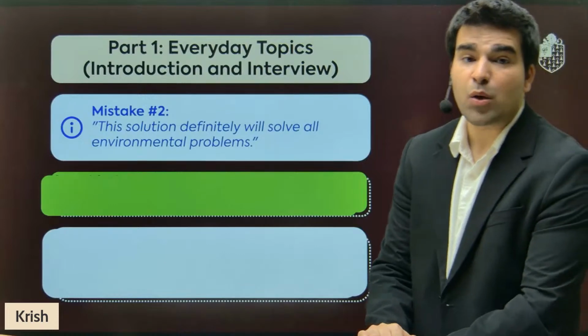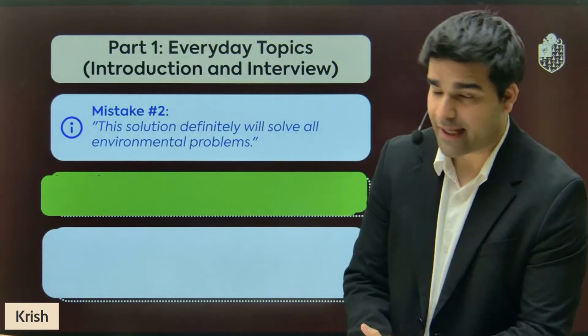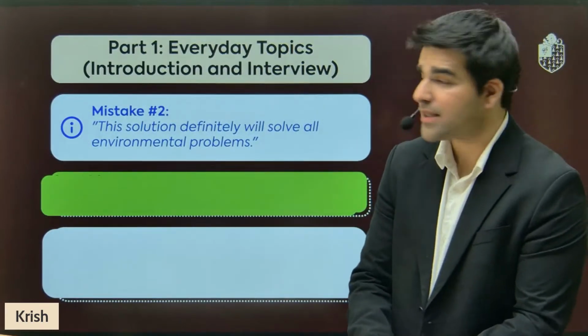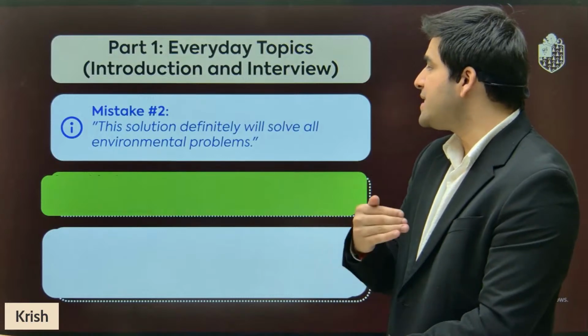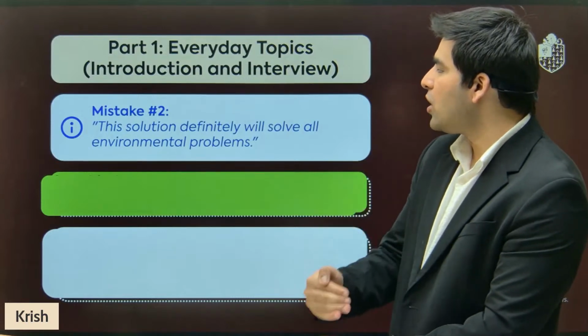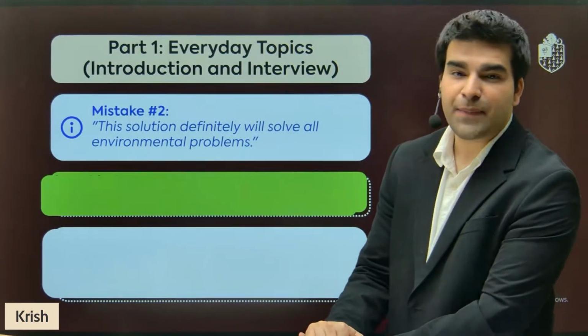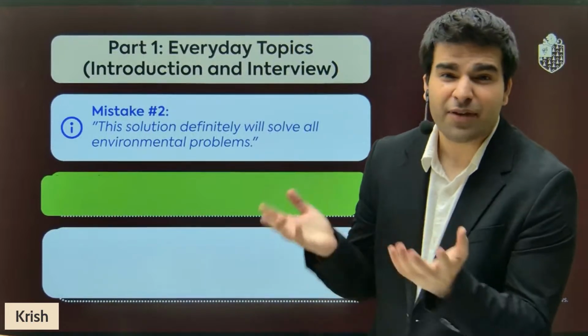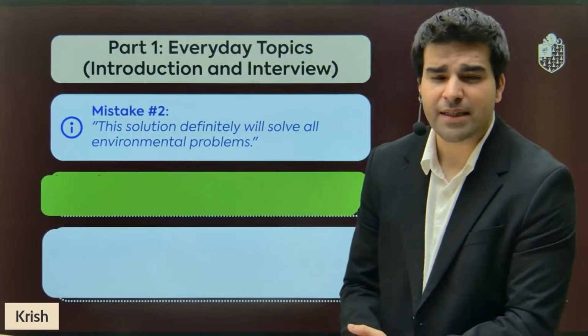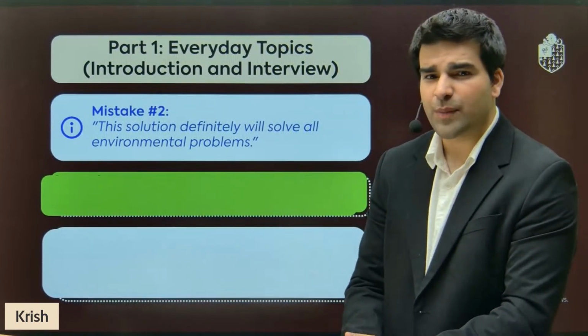This is a part one problem once again. So the mistake is: this solution definitely will solve all environmental problems. Everything is fine with this sentence grammatically. What do you think is the problem?